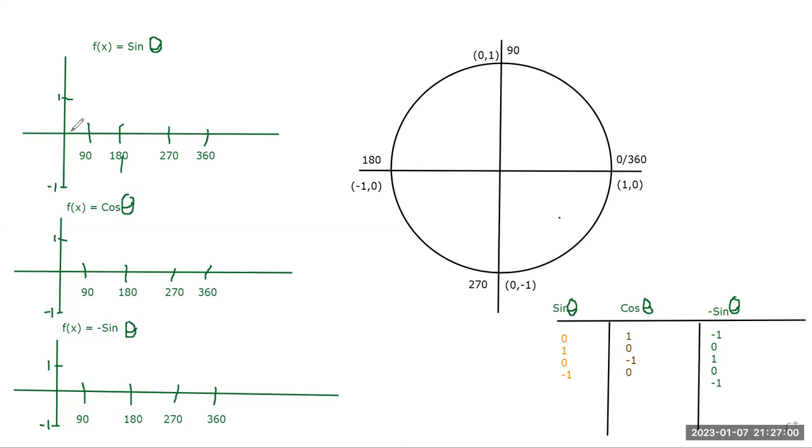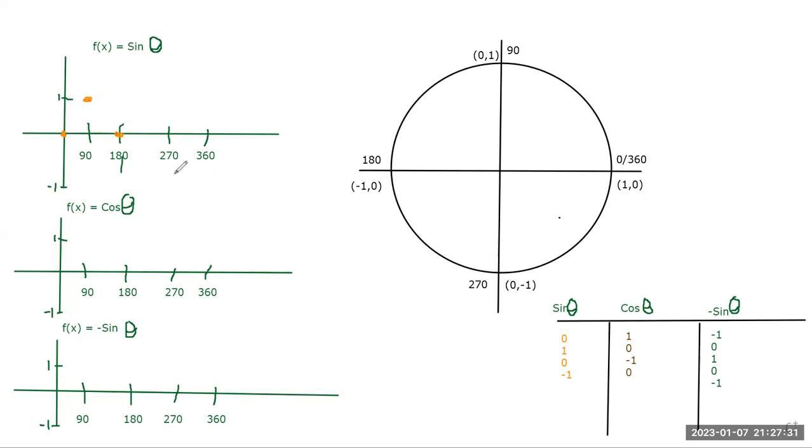So the first point at 0, y would be at 0. Simple enough. And the next point, 90, y would be at 1. At 180, 0 again.